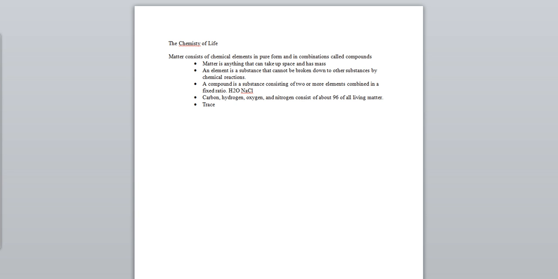And trace elements are elements that are required by an organism in only very small amounts. Hence the name trace. It's only a trace of that existing.